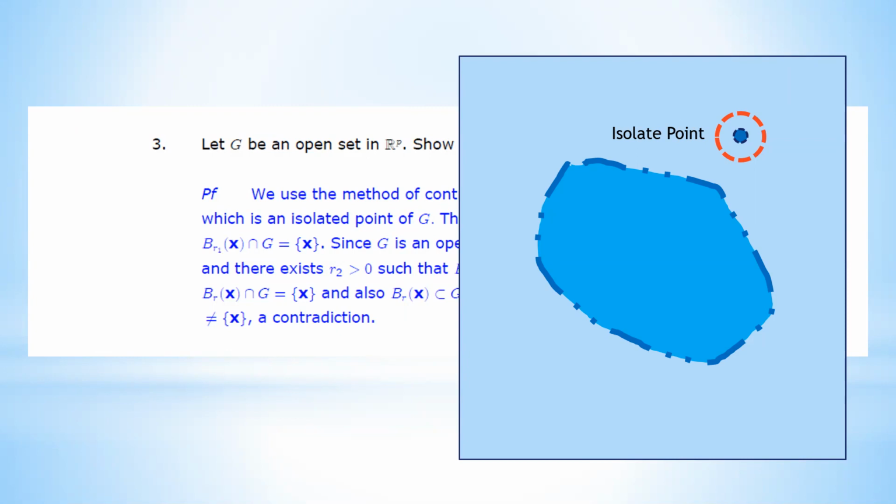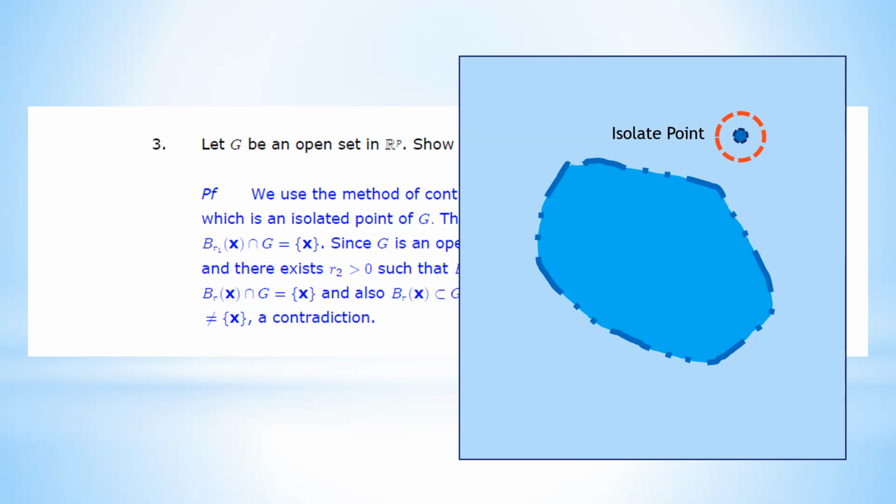On one side, since it is isolated, this ball carries no other point from G, and since the point is also interior, every point inside this ball will be a point in G. So these two things contradict. Okay, so if you put this contradiction together, you can complete the proof. So it's not a difficult problem.